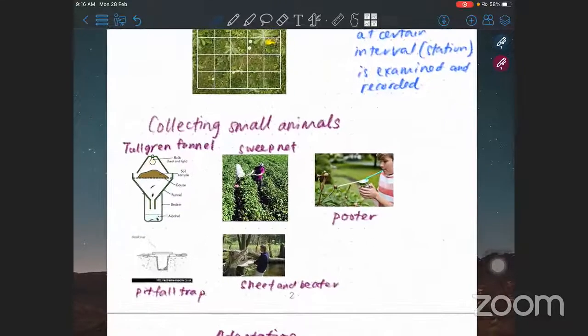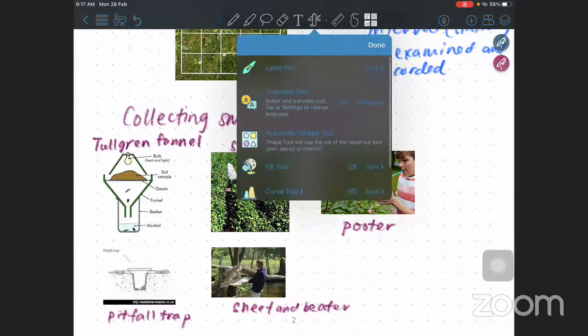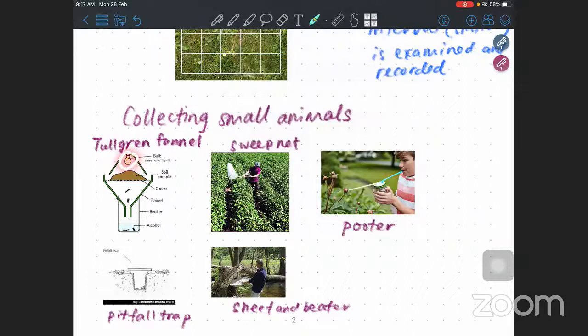We may also want to learn about the small animals, so we may need to use some collecting methods for the small animals. Number one will be the Tullgren funnel, and you can see this is a bulb here, and this is a sample of soil which contains small organisms.